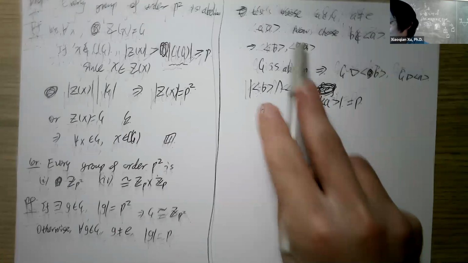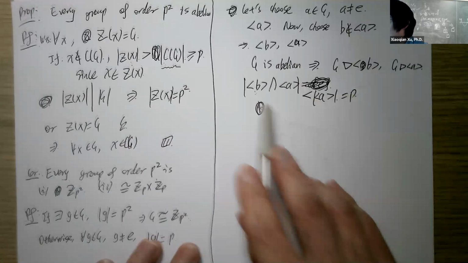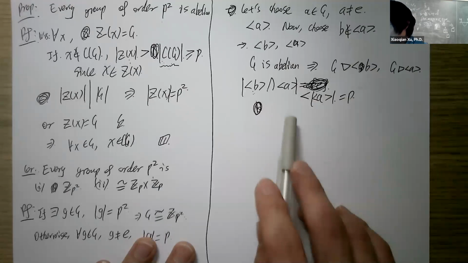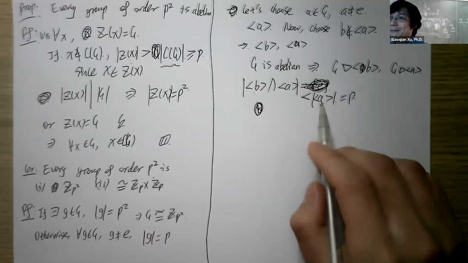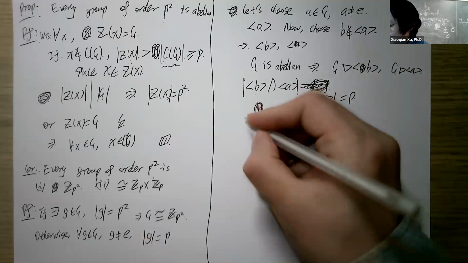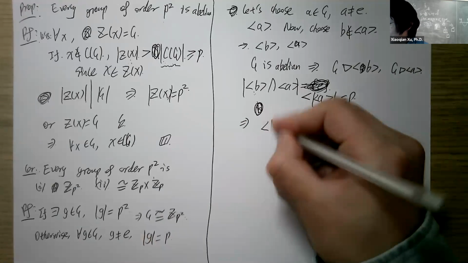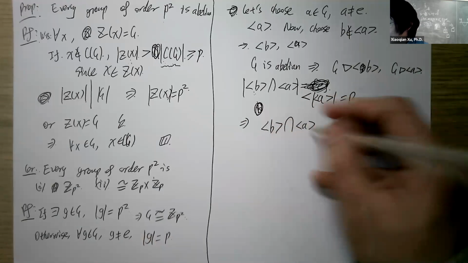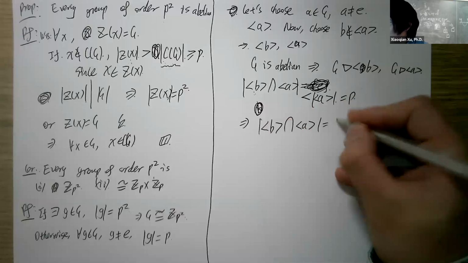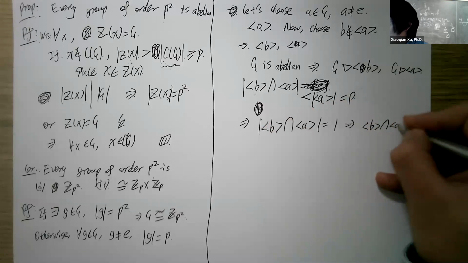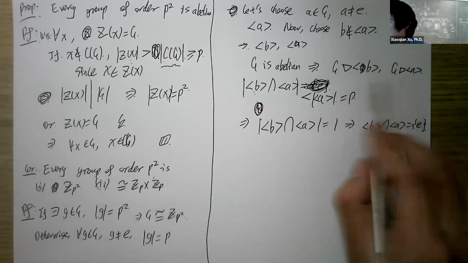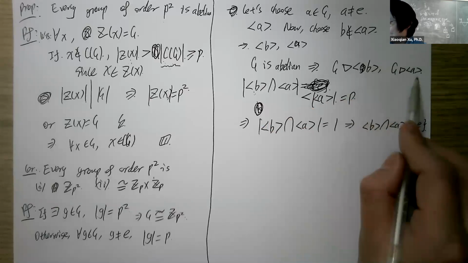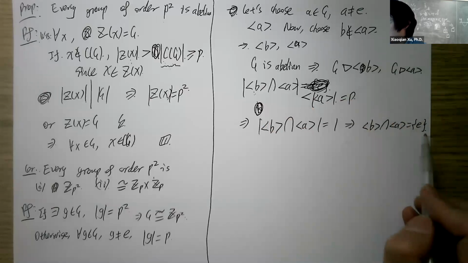Because the intersection is also a subgroup, it only has one element, so the intersection of the two is only the identity. Now we have two normal subgroups whose intersection equals the identity.